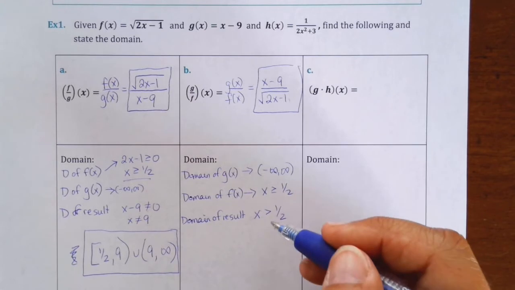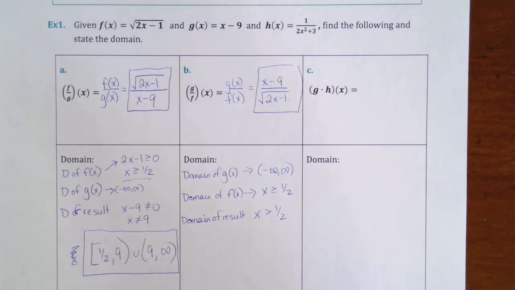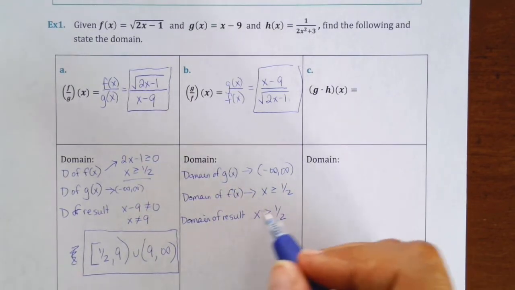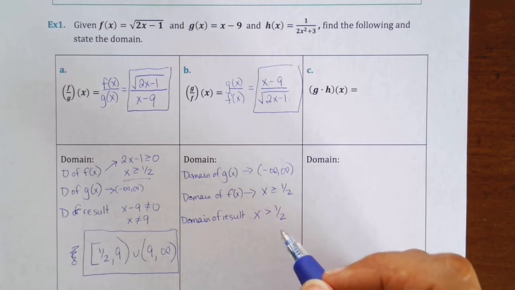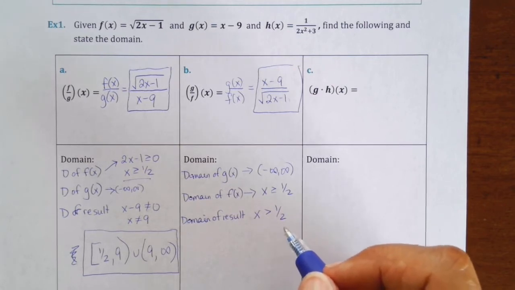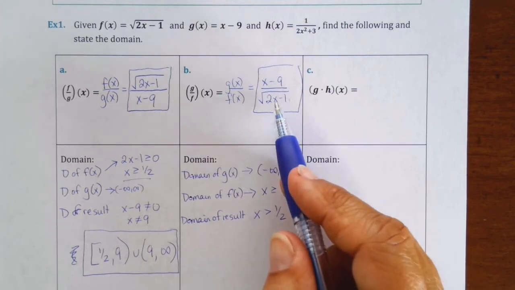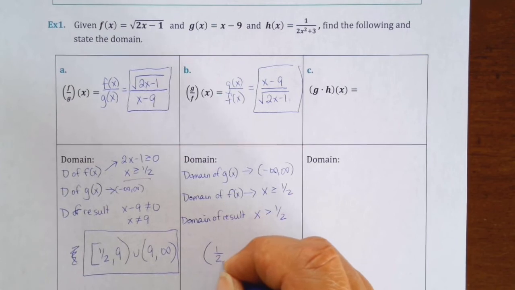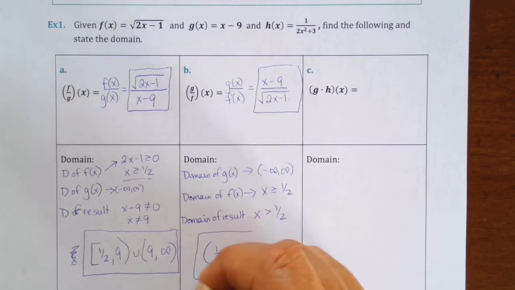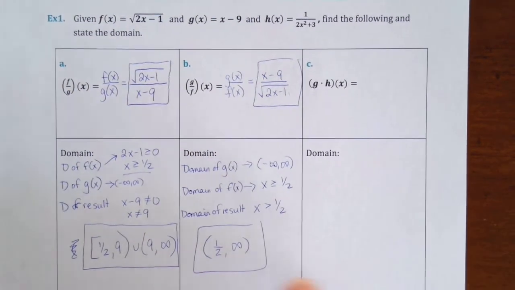So if I look at all of these, I've got to combine those all together to the ones that work, and so my answer is going to be right here. The values of x have to be just greater than 1/2. Can't be equal to 1/2 because that would give me 0 in the bottom. So my answer for this one is just 1/2 to infinity. Okay, so much different result depending on what's in the numerator and what's in the denominator.